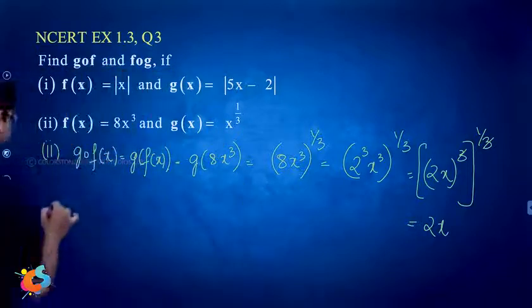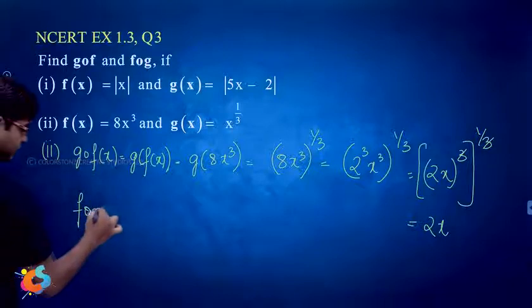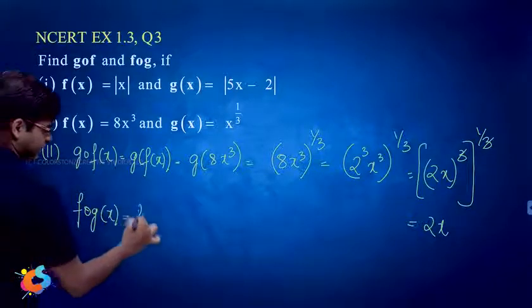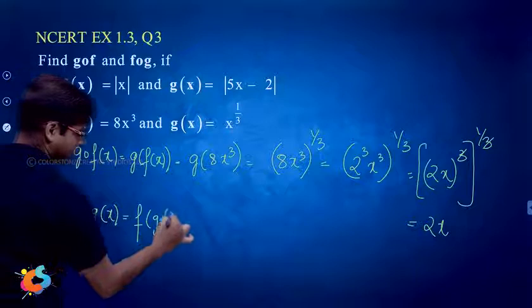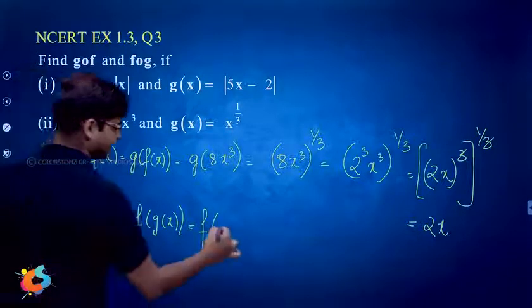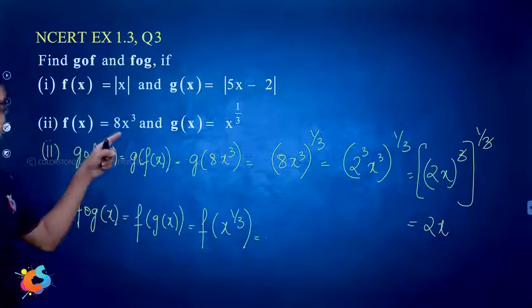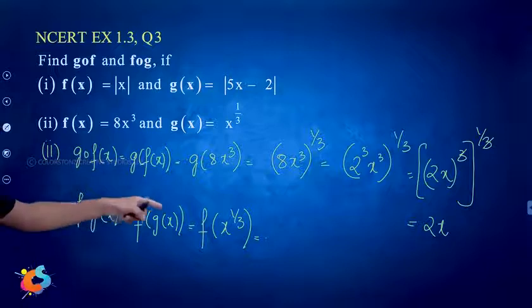Let us come to the other part, that is f circle g of x. Now this is exactly the same as we have done before. Replace the innermost function x power 1 by 3, and wherever x is there in f, you have to put x power 1 by 3.